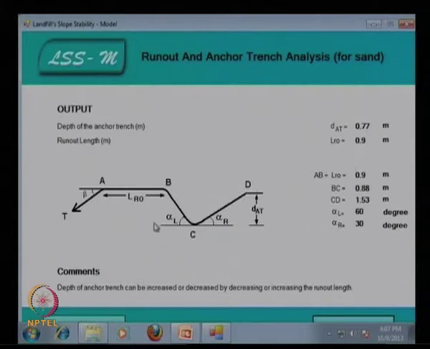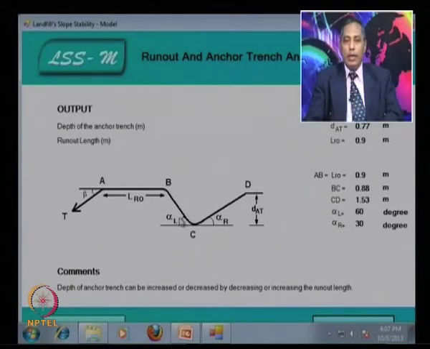So, the depth of the anchor trench can be increased or decreased by decreasing or increasing the runout length. And here AB, which is the runout length, LR0, is equal to 0.90 meter, and BC you can calculate as 0.88 meter, and CD is 1.53 meter, and alpha L is equal to 60 degree, and alpha R is equal to 30 degree.